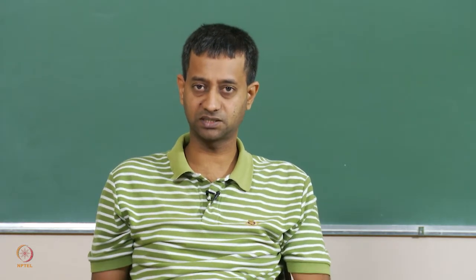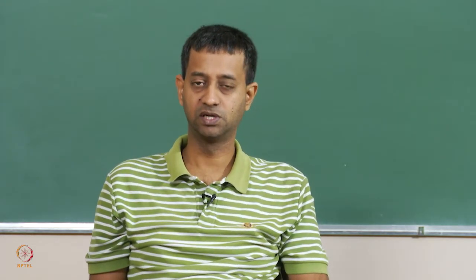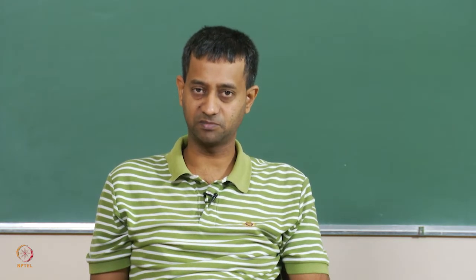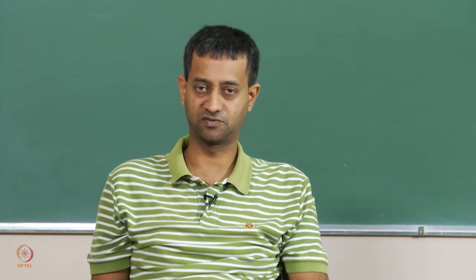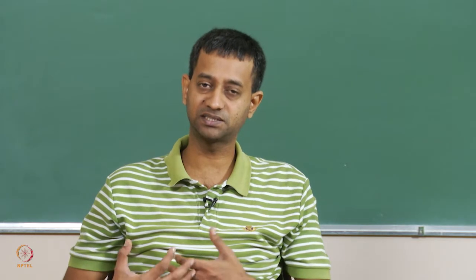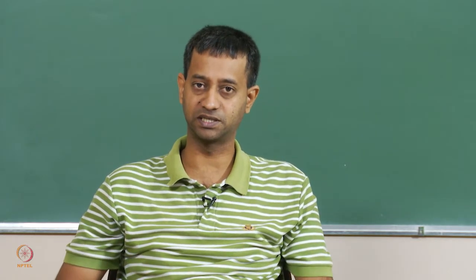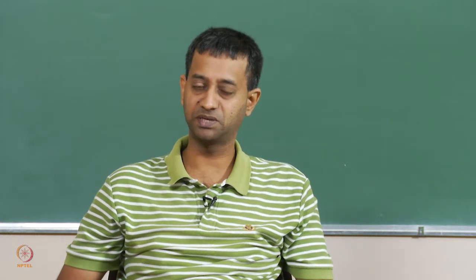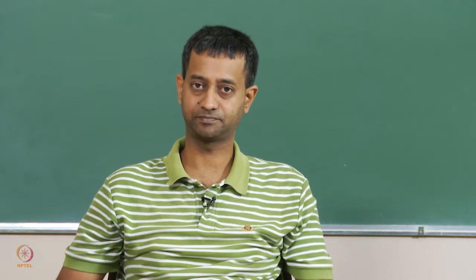So, we will discuss all these in this module, and I will start the first lecture by introducing the Fourier transform. A good way to understand Fourier transforms is to think of them as extensions of the Fourier series for a function whose period is going to infinity.